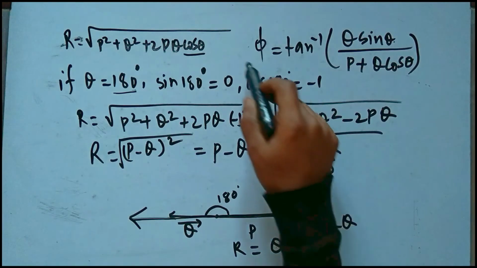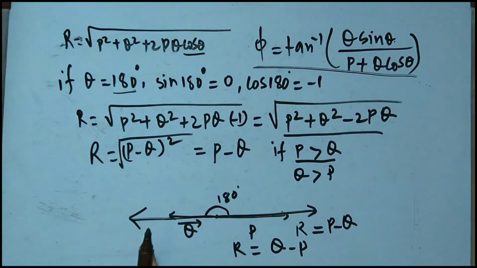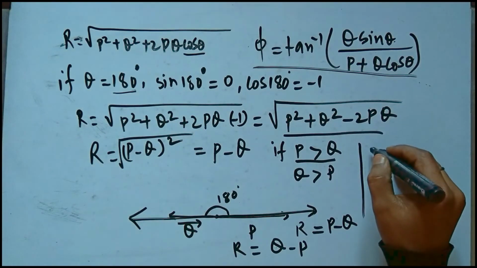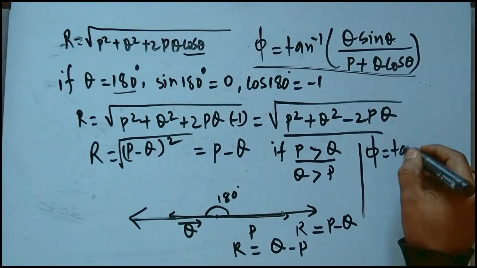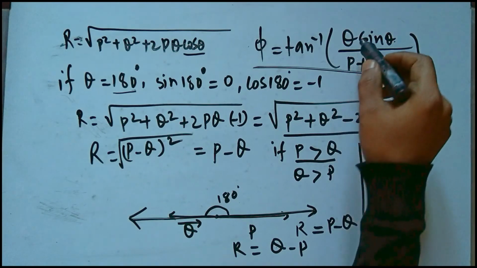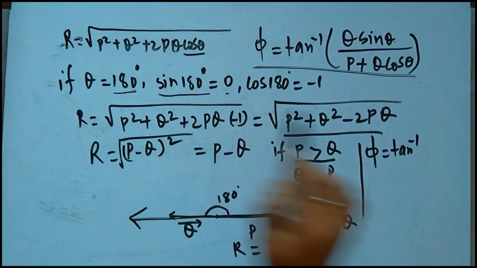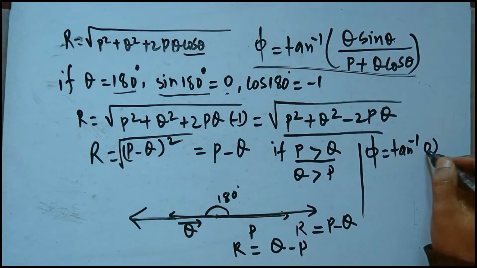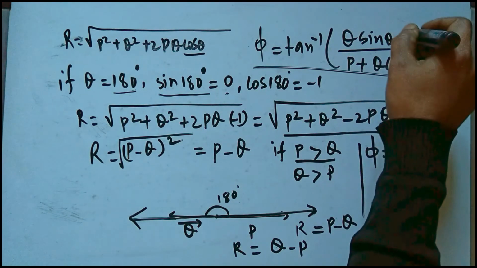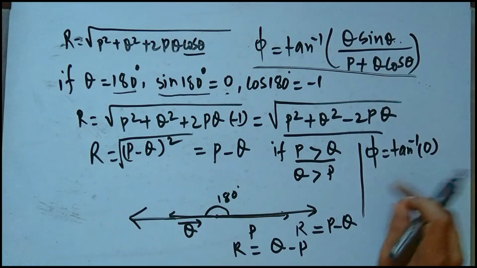Or we can use this formula to find the resultant angle. So phi is equal to tan inverse of Q sin theta over P plus Q cos theta. So Q sin theta, sin 180 is 0. So the whole thing becomes 0. 0 by something is 0.